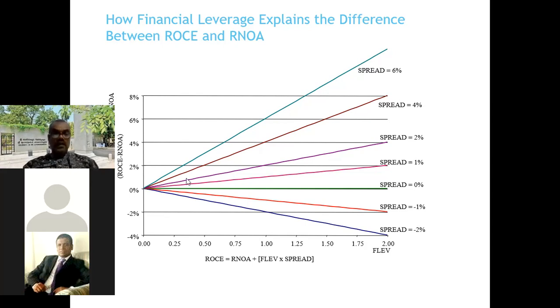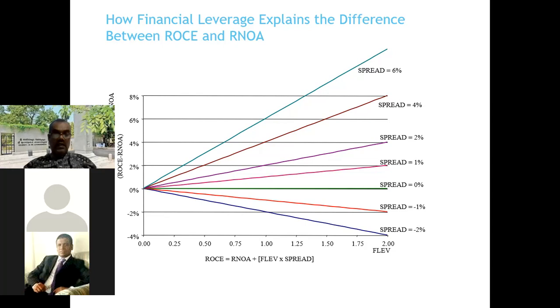First, the observer has to clear up what the x-axis represents, whether it is ROCE or financial leverage. Actually, it has not been specified there. It is really financial leverage. ROCE is these lines, these colorful lines. Actually, this should have come on top.